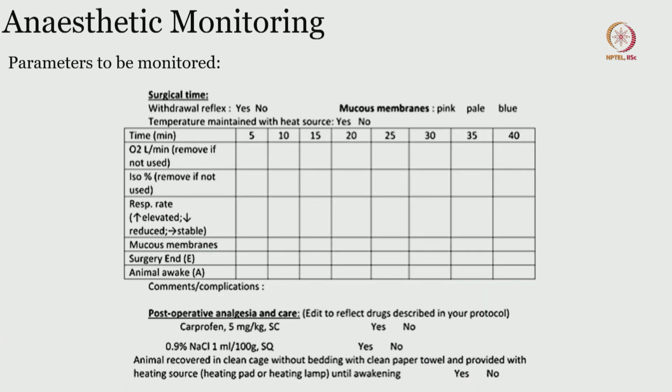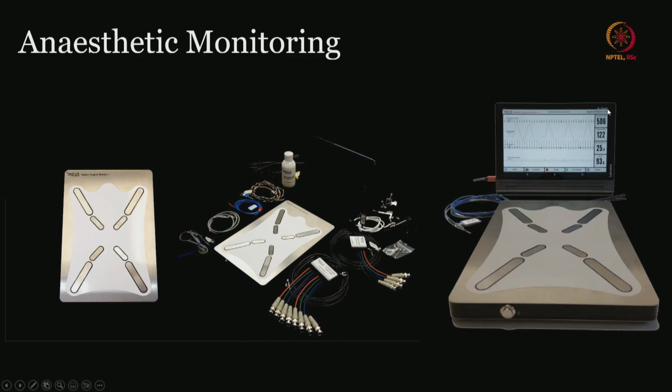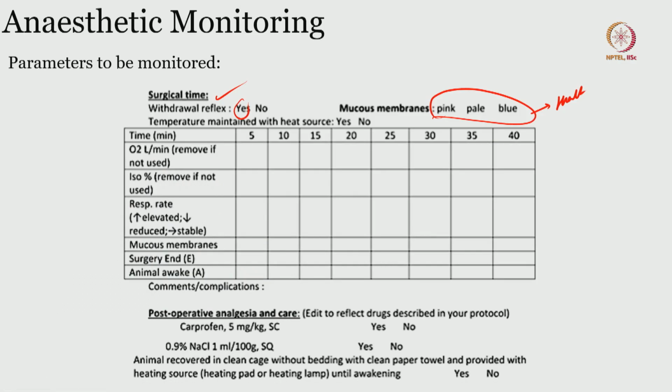So, the most important thing is when did the surgery begin, and is there a withdrawal reflex or not, and how is the mucous membrane seen. As I said, that will give us an indication of the health status of the rat, which depends on the color of the mucous membrane. This was discussed in the last session.